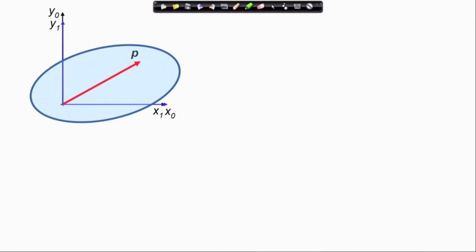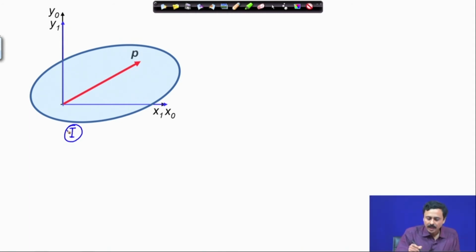Here I have shown you the body in configuration 1. So, this is configuration 1 and I have also shown two frames. Here is one frame x 0 y 0 which we will fix. This is ground fixed. So, x 0 y 0 is ground fixed.